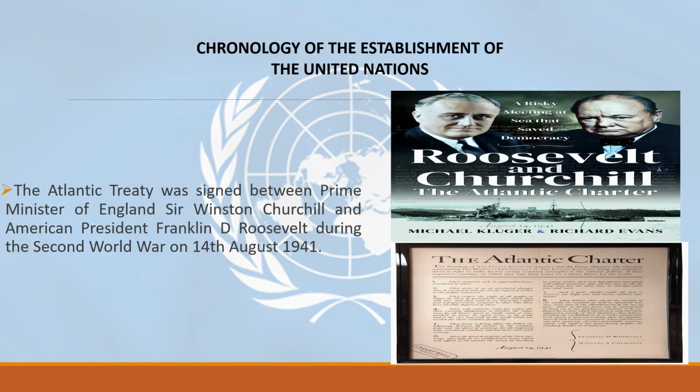At San Francisco in America, representatives of 15 countries drafted the Charter of the UN, that is United Nations. As soon as the war got over, the charter was signed on 24 October 1945 and the United Nations was established. The United Nations is an international organization of sovereign nations.